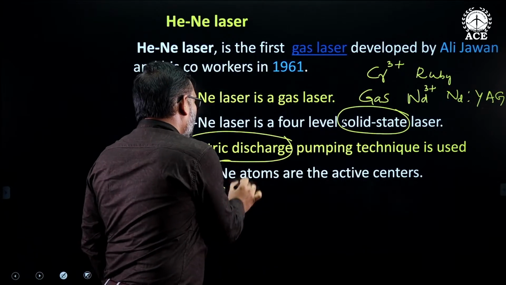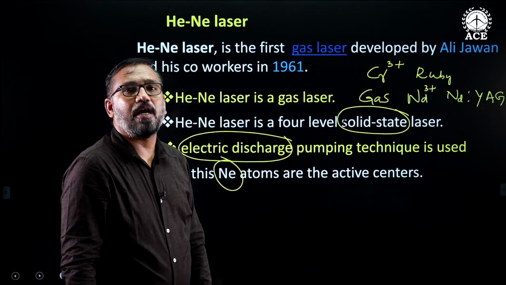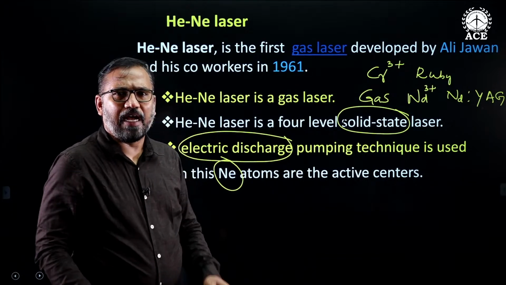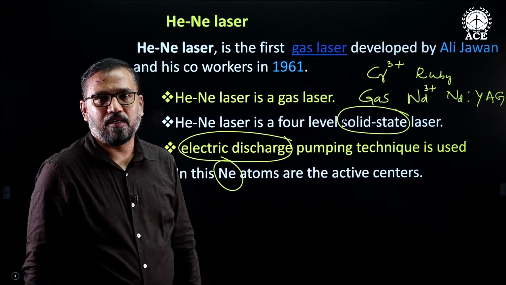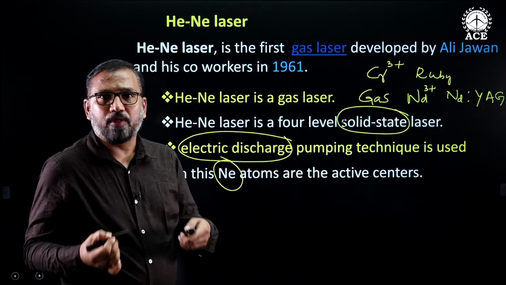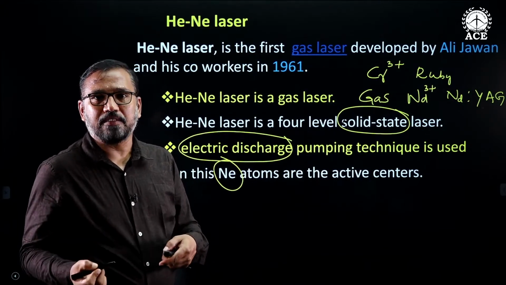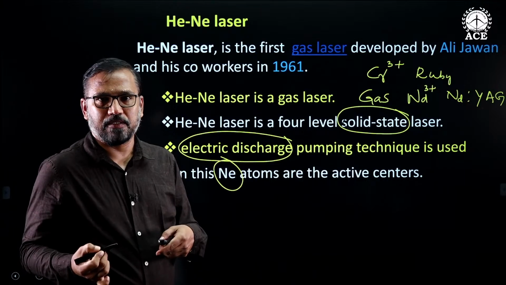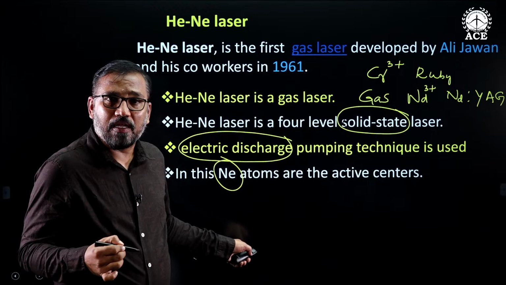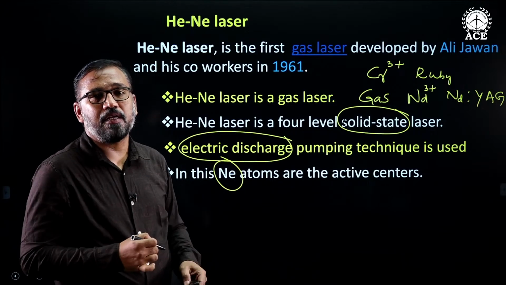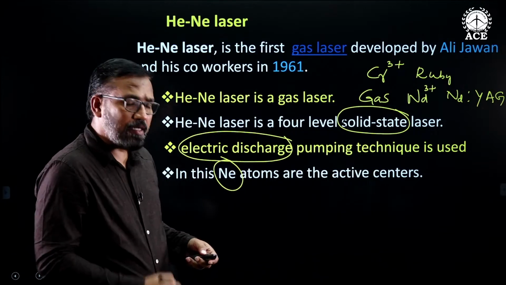Neon atoms. Active centers are the ones responsible for the lasing action. Those ions or atoms are called active centers. So in this helium-neon laser, the neon atom is the active center.